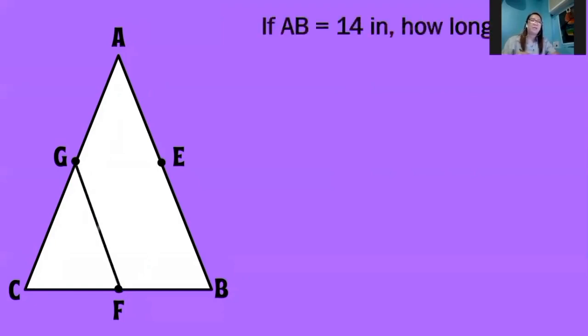So, if AB is equal to 14, how long is GF?